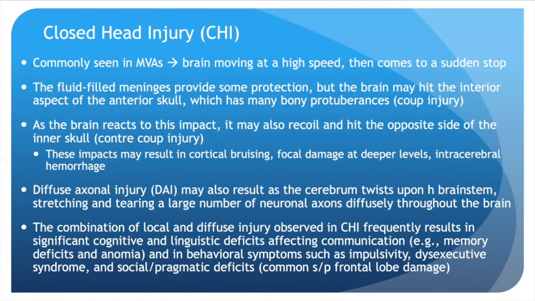So the combination of local and diffuse injury observed in closed head injury frequently results in significant cognitive and linguistic deficits affecting communication. So you can have things like memory deficits, anomia, word finding problems, behavioral symptoms such as impulsivity, dysexecutive syndrome, social pragmatic deficits. These are all common status post frontal lobe damage.